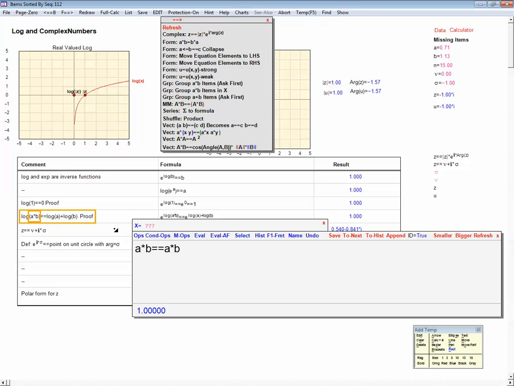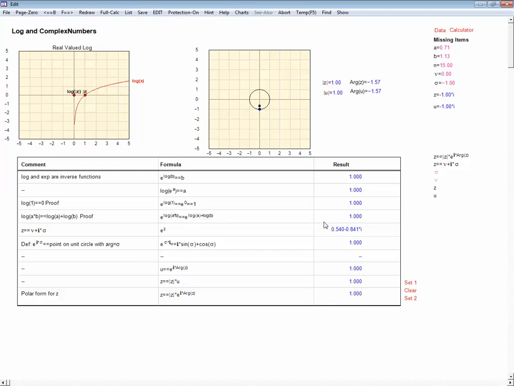Actually, one final thing. Let's look at the graph of a log. Here's the graph of the real valued log. It zips down and crosses the x-axis at 1. The log of 1 is 0 is what we're saying there.